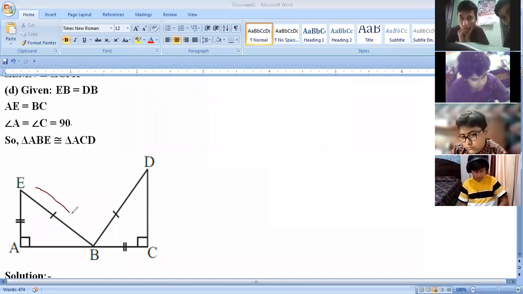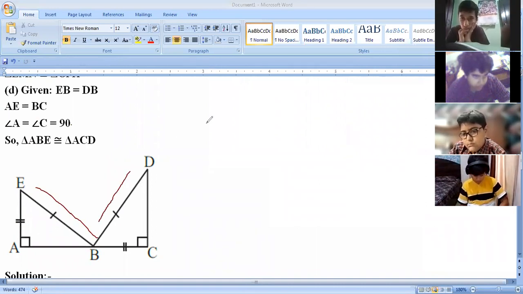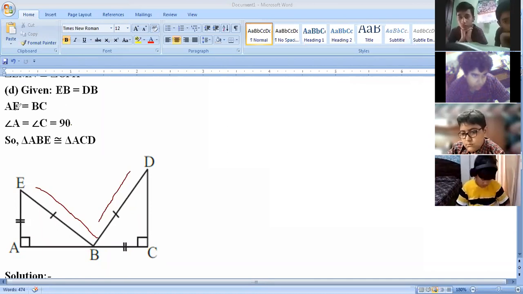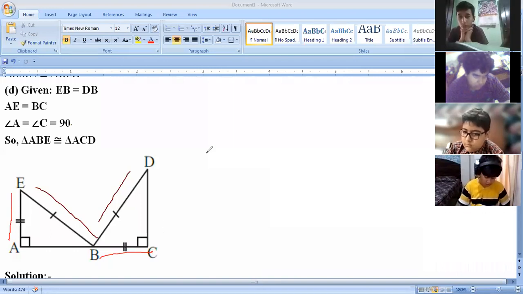So this side EB will be equal to DB from this side. Okay. Yes. Next. AE equal to BC. It's given. Yes. So this AE side is equal to BC here. Okay. Next.